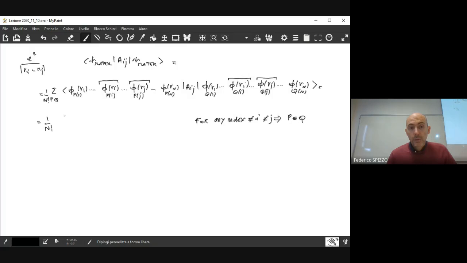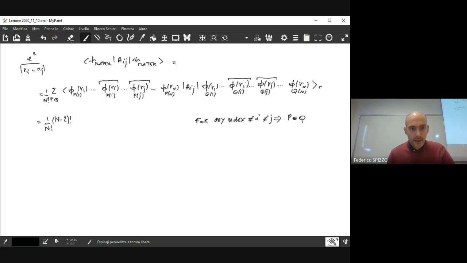In this case, the number of indexes involved in this requirement is equal to n minus 2, because from n indexes, we just remove index i and index j. So we have an overall contribution equal to (n minus 2) factorial from all the terms that come from this situation. If you don't mind, I will remove this part here and write the determinant down here to avoid superposition of the equation I'm going to write.